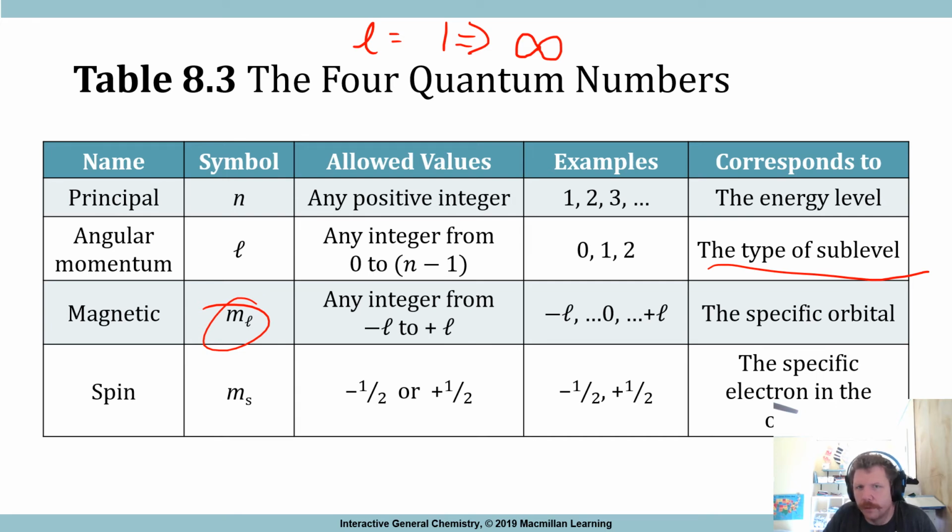That orbital is our p orbital. If you remember that p orbital, we could have it in this position, this position, or this position. How many different positions is that? That's 3 different positions. If your L equals 1, that's going to be the same as -1, 0, and +1.